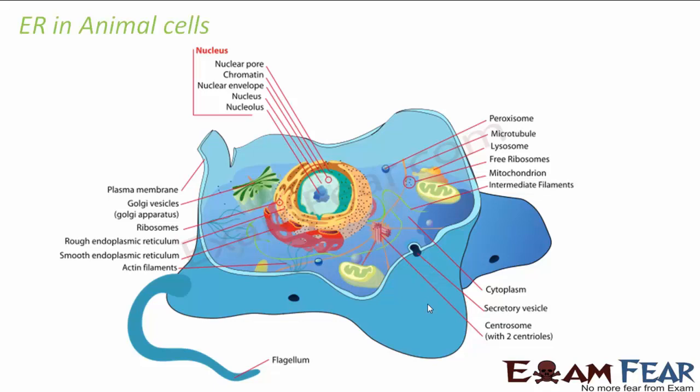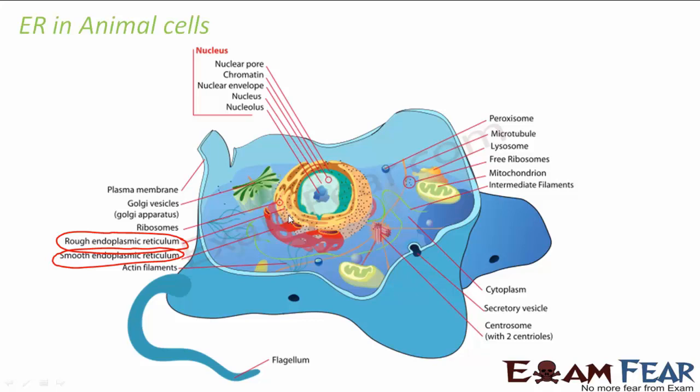Let us look at the endoplasmic reticulum in an animal cell. This is an animal cell where we can see the endoplasmic reticulum. This is my rough endoplasmic reticulum and this is my smooth endoplasmic reticulum. Where is the rough endoplasmic reticulum? This region, you see there is a dotted region in light yellow or light brown, whatever you call it.